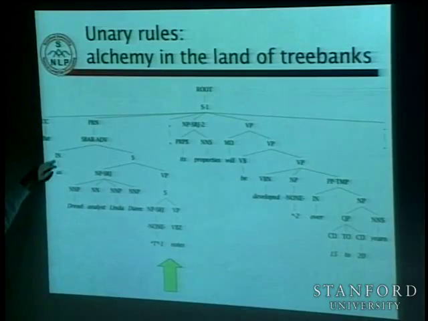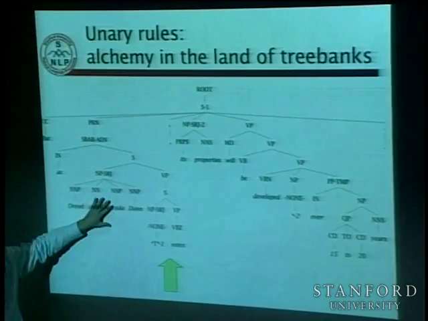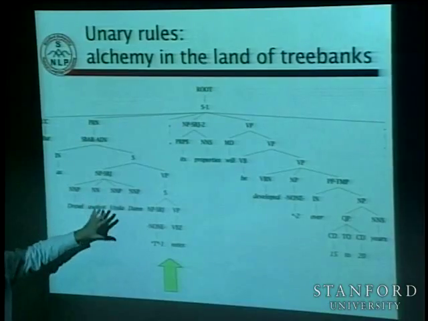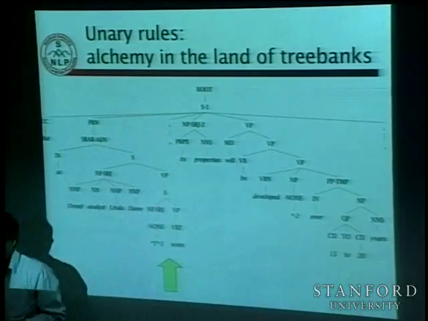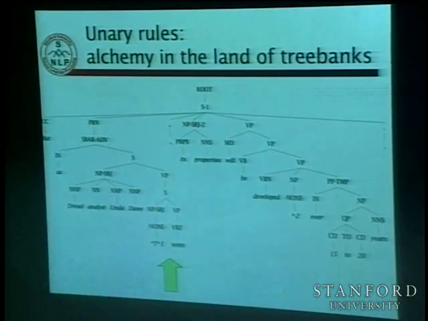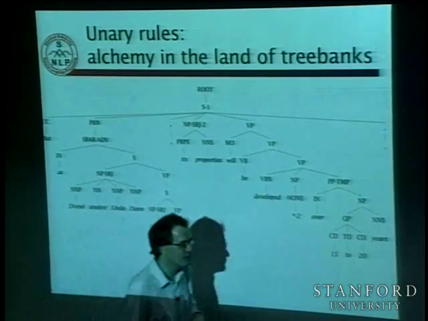So it's, but as Drexel analyst Linda Dunn notes, its properties will be developed over 15 to 20 years, so that you have this parenthetical of somebody says, somebody notes, which is conceptually taking the rest of the sentence as a complement, but is actually kind of parenthetically put down inside the sentence. You get lots of complex phenomena. But for the moment, just note these kind of unary rules.